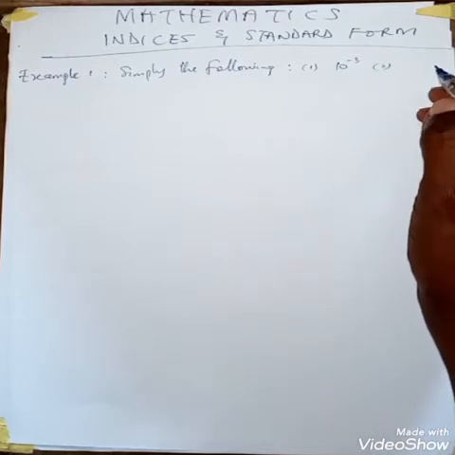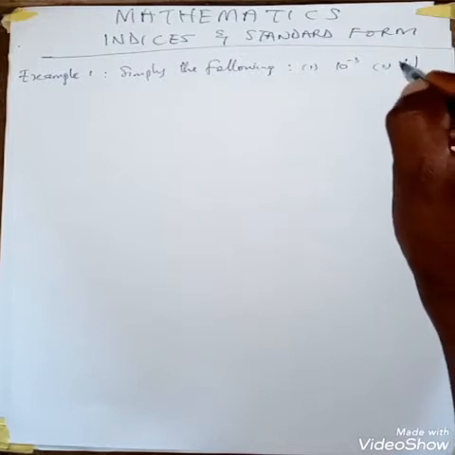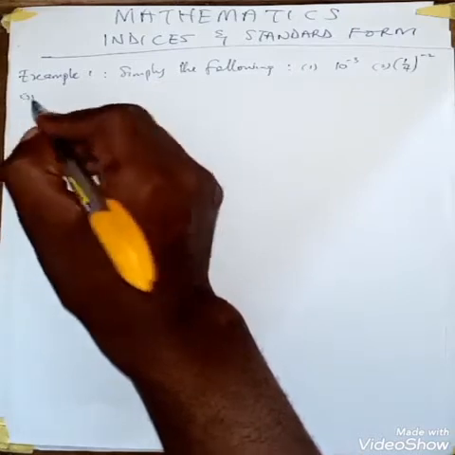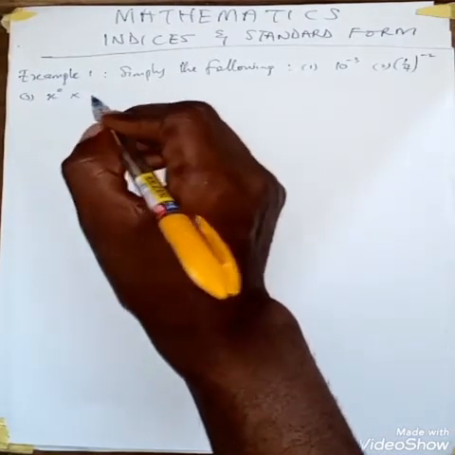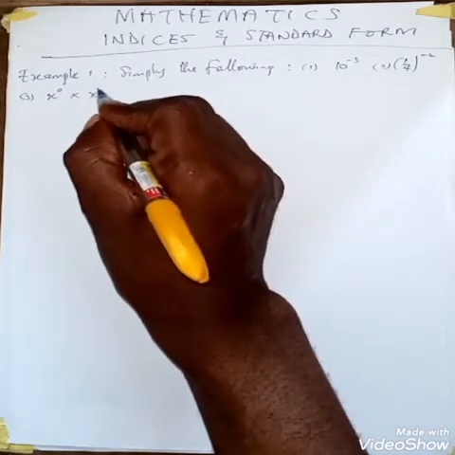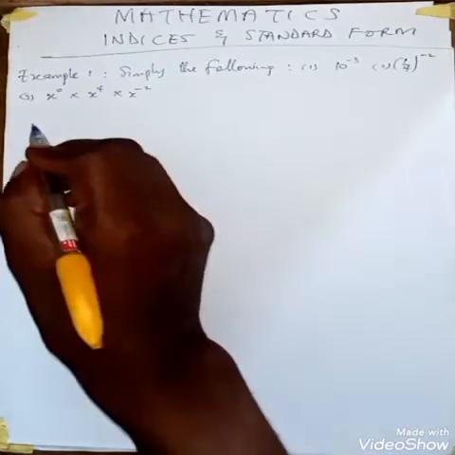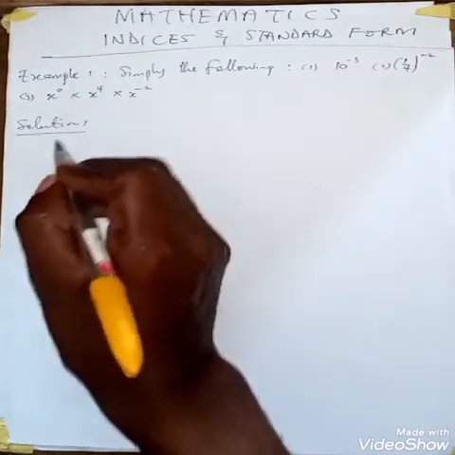Number 2: 1 over 4 raised to the power minus 2. And number 3: x raised to the power 0 multiplied by x raised to the power 4 multiplied by x raised to the power minus 2. So, solutions to all this.